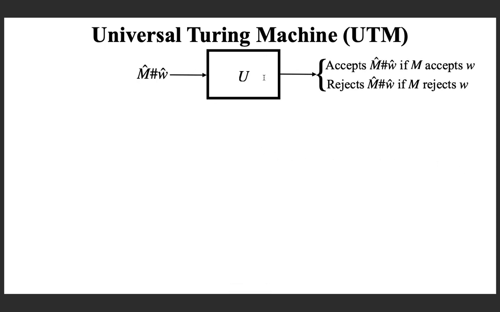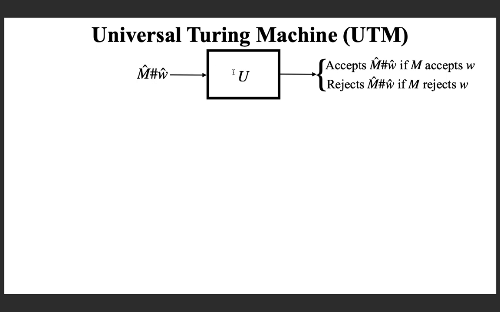It's a Turing machine U which takes as input hat M, the binary encoding of another Turing machine, and the binary encoding of an input to the Turing machine M. They are separated with a hash.